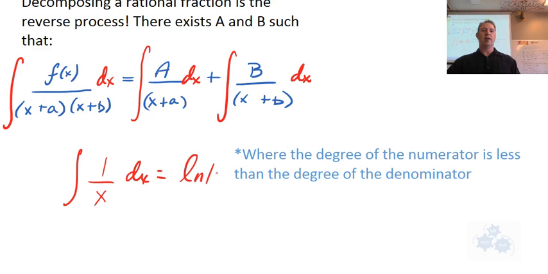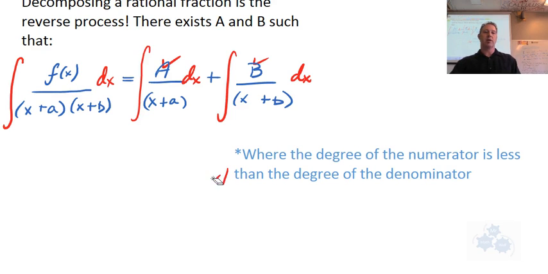You get ln of the absolute value of x. So consider this: if we just have a constant up here, then these are going to be pretty easy to integrate, generally. And so that's our hope. By splitting these into partial fractions, we'll be able to integrate fairly easily with just constants there. So this side is much easier to do in many cases than this side.